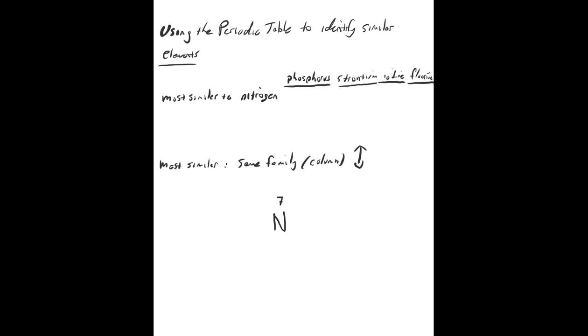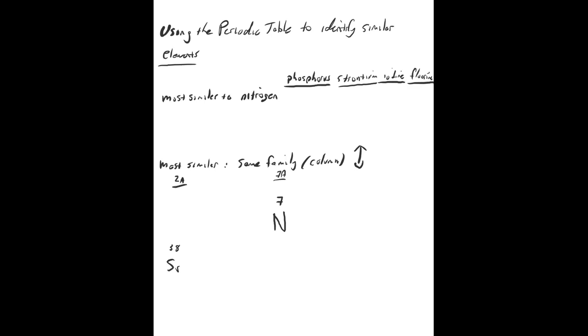Just comparing these, nitrogen is in group 5A. Strontium is all the way over in group 2A. It's element number 38. It's not even close, right? Strontium is nowhere near nitrogen.